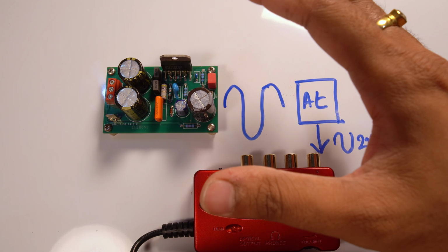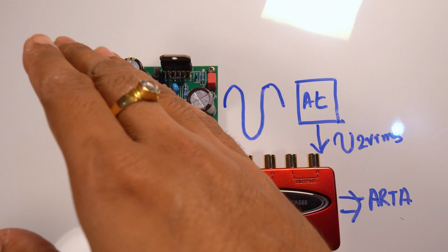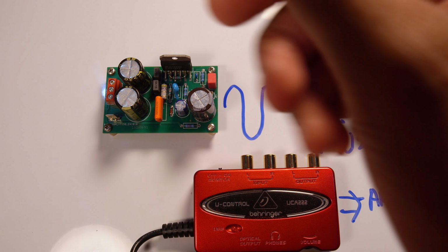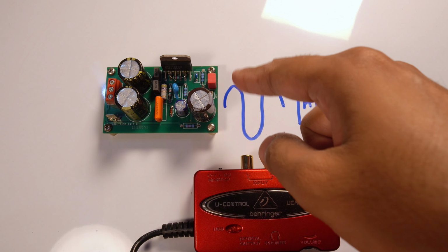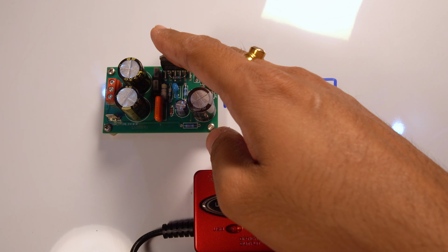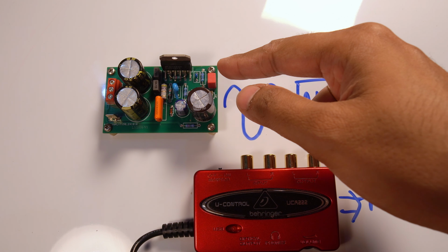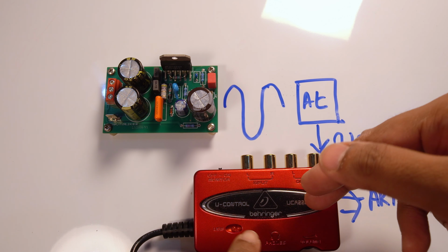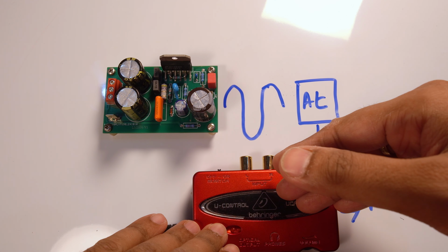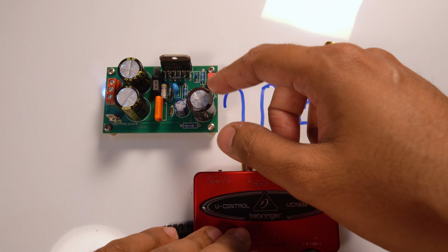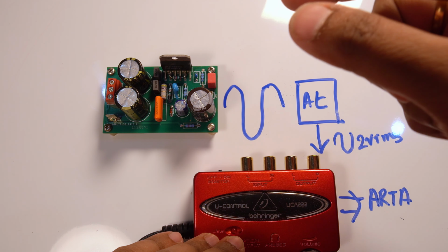So we cannot use a function generator in here, because if the signal that is coming in here is already 0.2 to 0.3% distorted, then after the amplifier it amplifies it and it is still about 0.2%, because this itself won't introduce any more distortion to the circuit, maybe a little bit. And what you will measure through our sound card will be again 0.2 to 0.3% distortion, and you will say, okay, my amplifier is producing a 0.2 or 0.3% distorted sine wave. But that won't be a proper test.